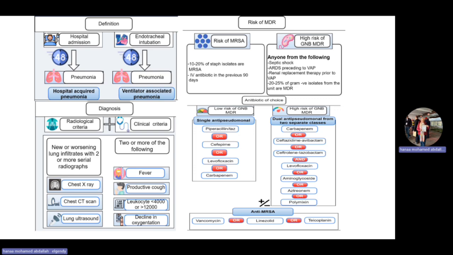It is very important to have a radiological finding, either with chest X-ray, CT chest, or lung ultrasound, and we do not rely on the following findings, as we said before: fever, cough, leukocytosis, and decline in oxygenation. And the risk of MDR, either risk of MRSA or high risk of gram-negative MDR bacteria.